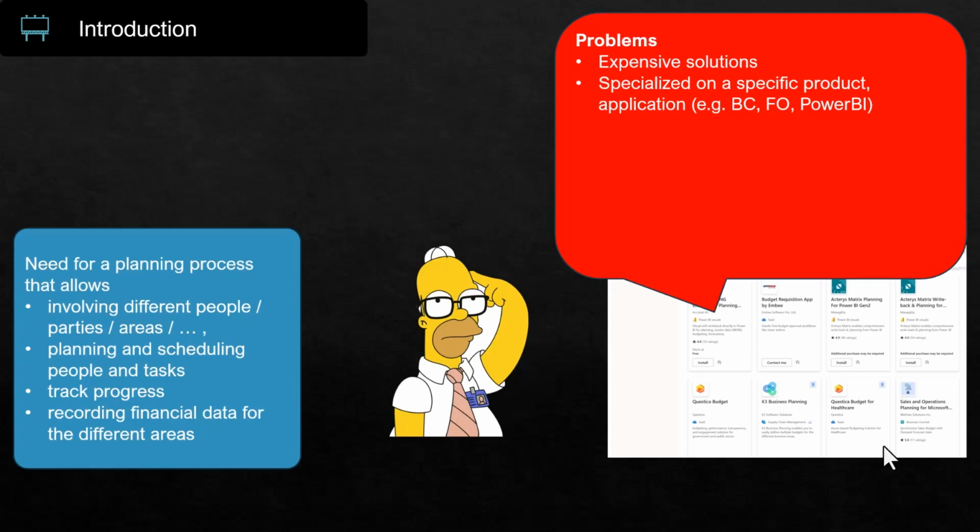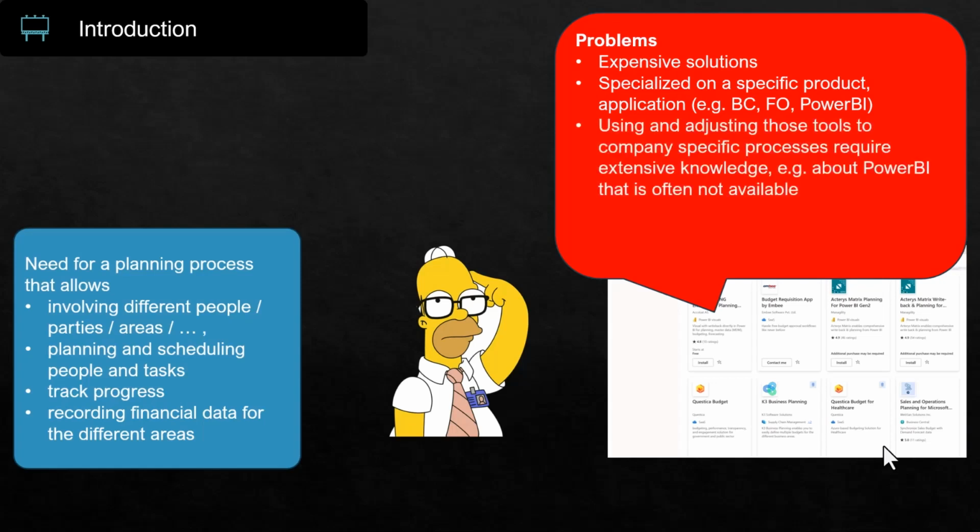Then many times they are specialized on a specific product. Some of the tools work only with SAP, some only with Finance and Operations, some are purely based on Power BI, and so on. And many times making an adjustment to those tools is not possible, or it requires really special knowledge.